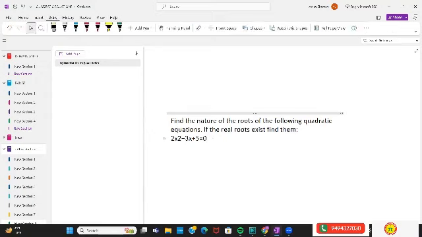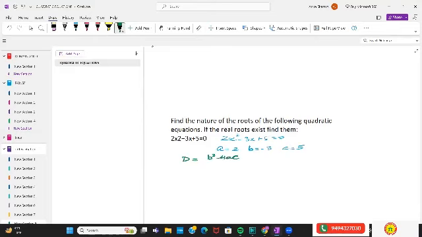I'm explaining then. See, 2x square minus 3x plus 5. First of all, you will write the values of A, B and C. Now in next step, you will find discriminant, which is equal to B square minus 4AC.